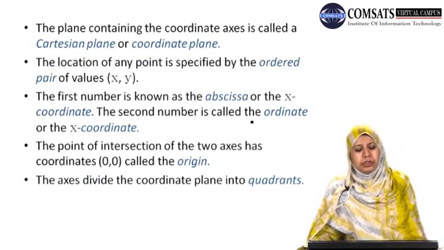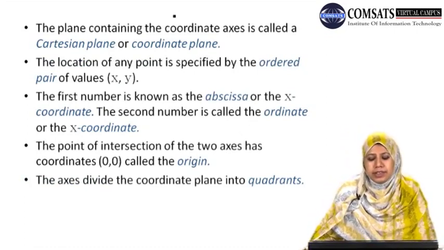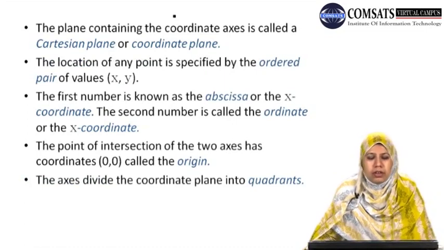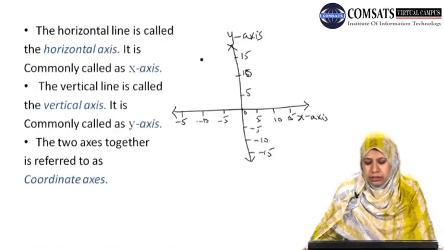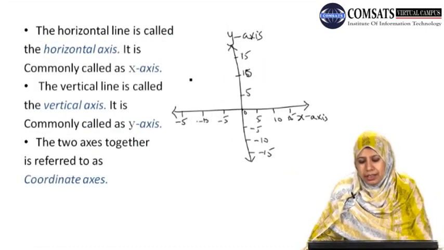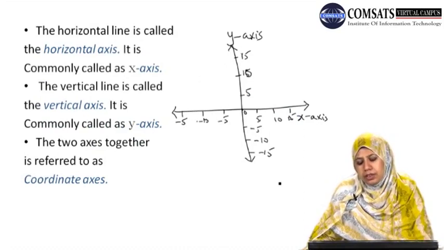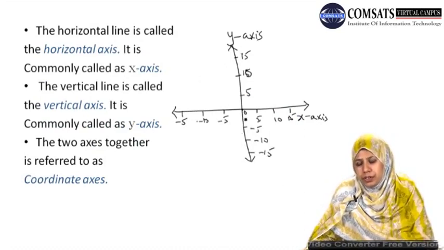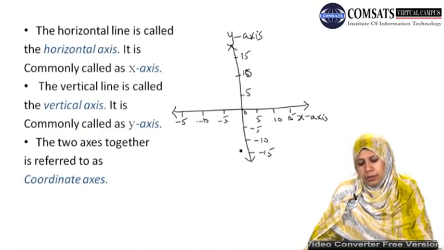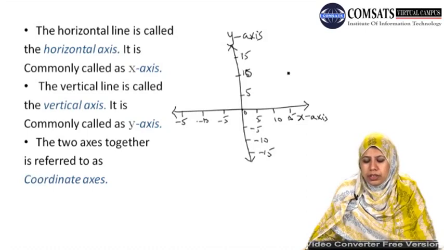So the plane containing the coordinate axes is called a Cartesian plane or coordinate plane. So a Cartesian plane is nothing but two lines intersecting at their respective zeros, with the horizontal line known as the x-axis and the vertical line known as the y-axis.